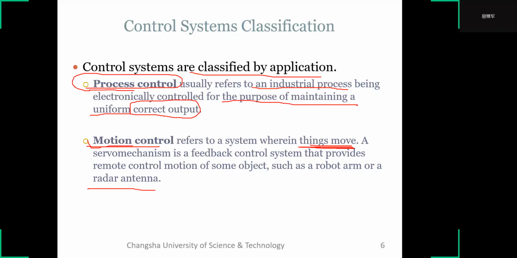We can see motion control controls the speed and the displacement.